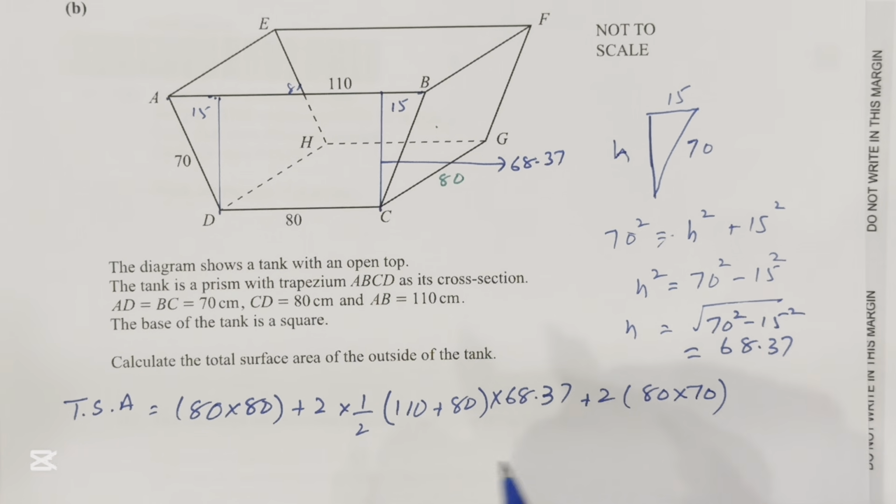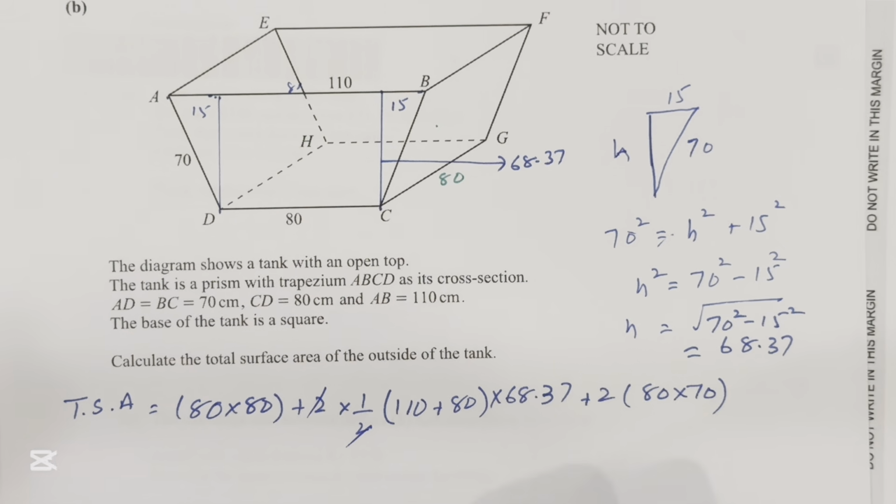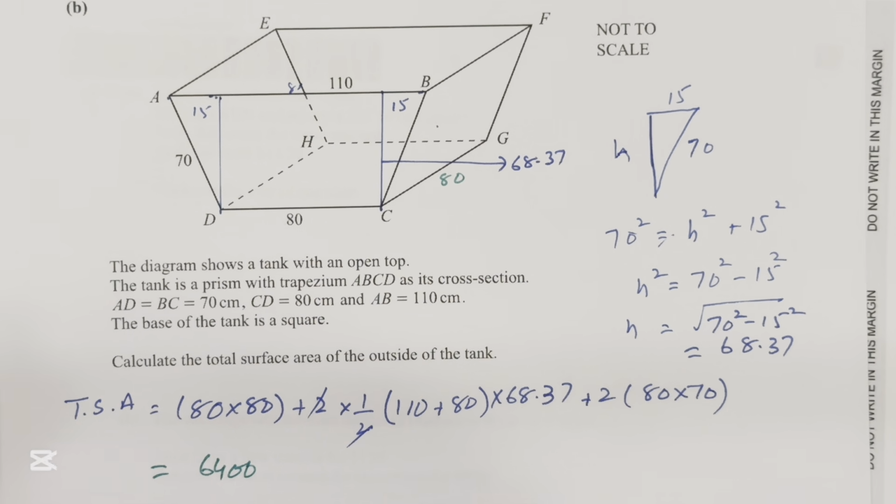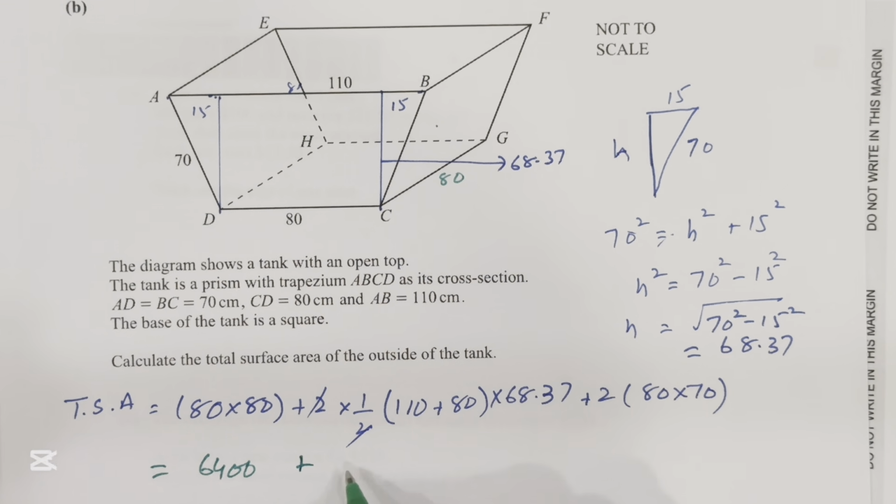So you can use calculators. So 2 is going to cancel with 2. Now you can calculate those values. It would be equal to 6400, and this would be equal to 12991 approximately, and this would be equal to 11,200.